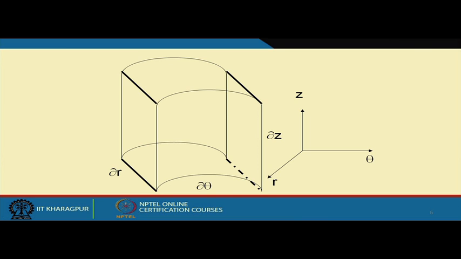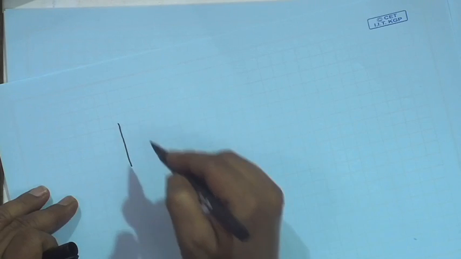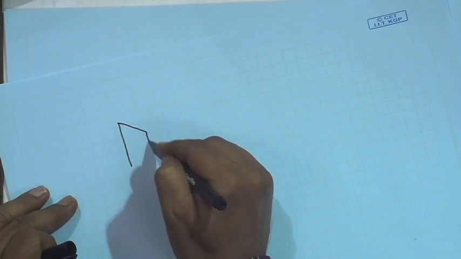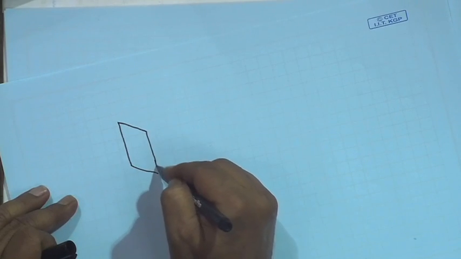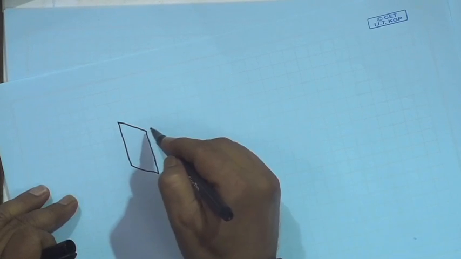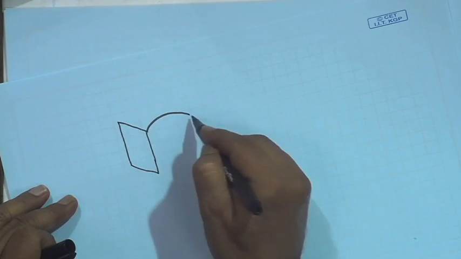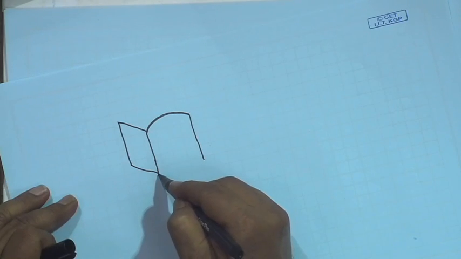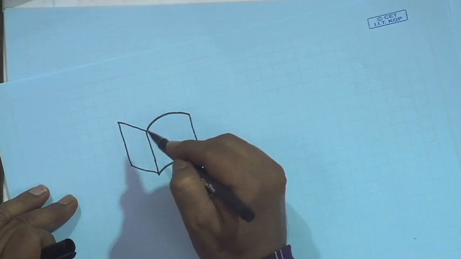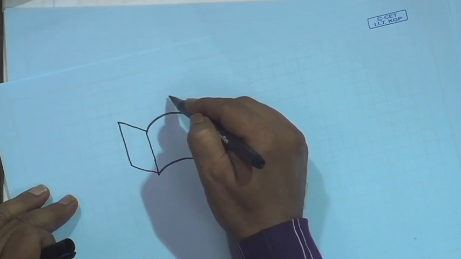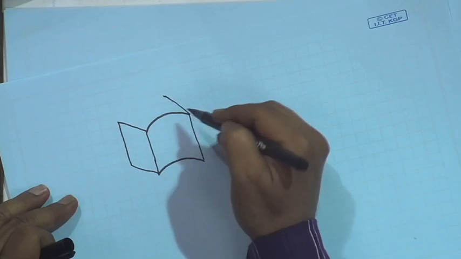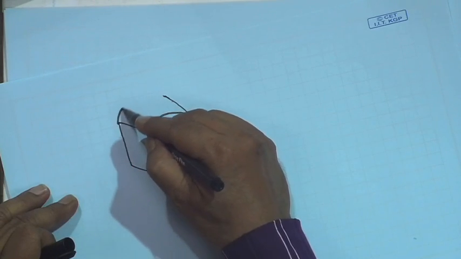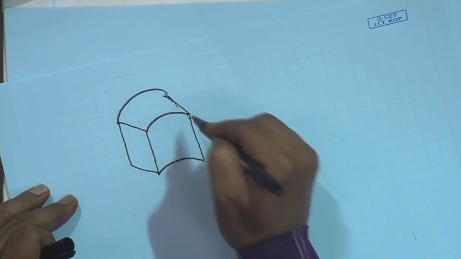Unlike the previous one, where x, y, z was the coordinate, here we take a cylindrical coordinate like this.